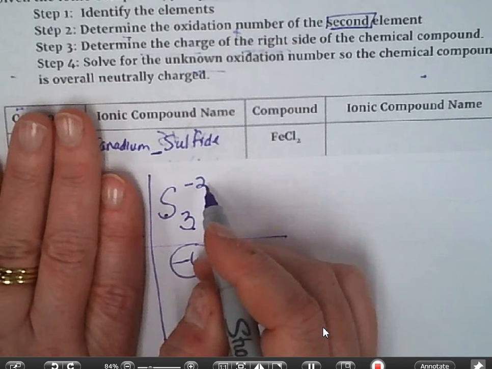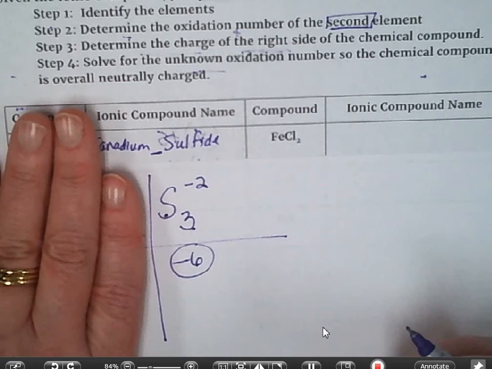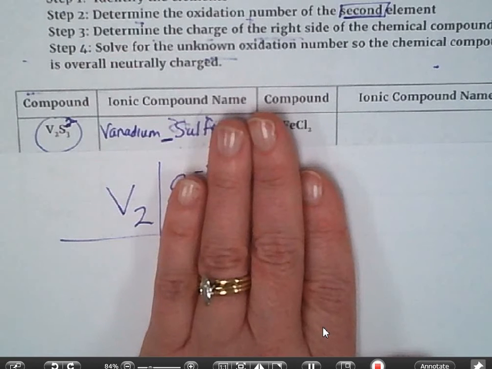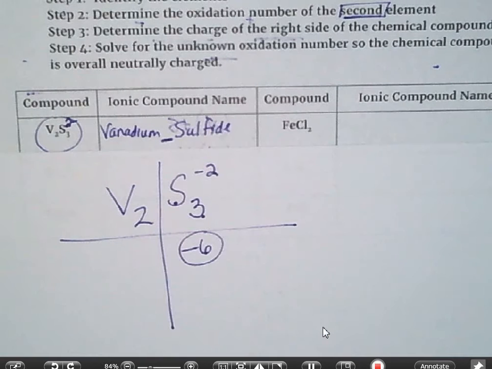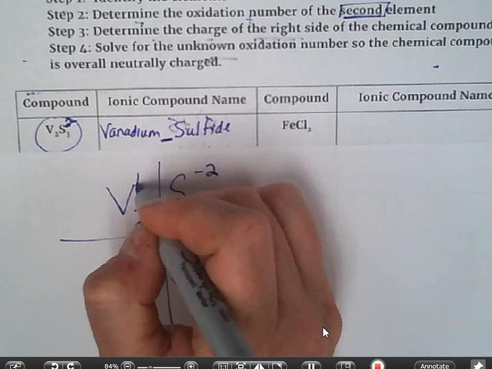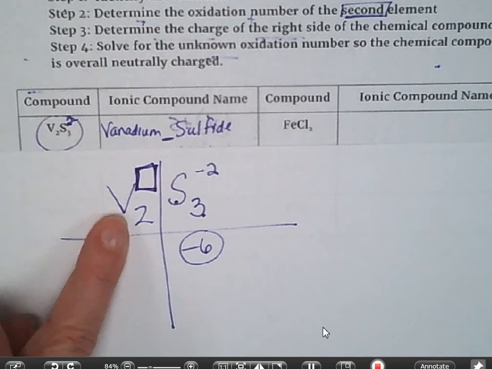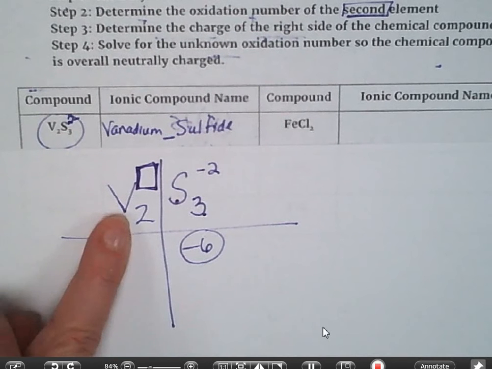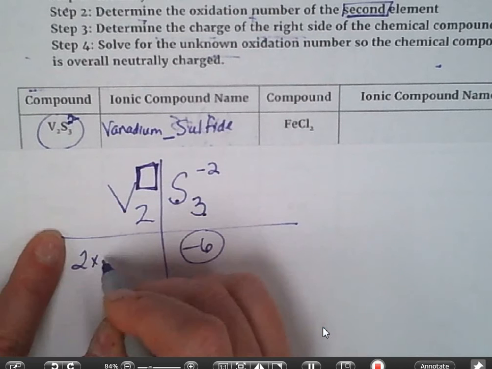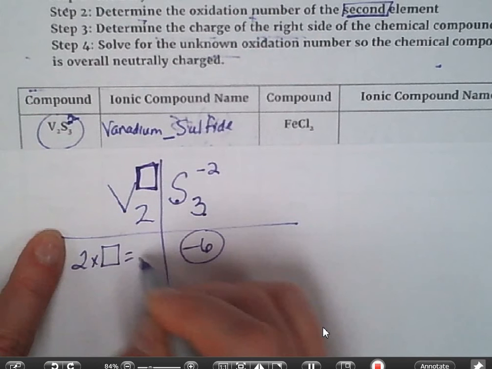Each atom has a -2 charge. Okay, so I need this side over here to have a +6 charge. So in order to do that, I have to figure out what the oxidation number is, what the charge is for vanadium. That's what I don't know, but I do know I have 2 atoms. So basically I'm trying to figure out 2 times my box is going to give me +6, because I need this side to have a +6 charge to cancel out.